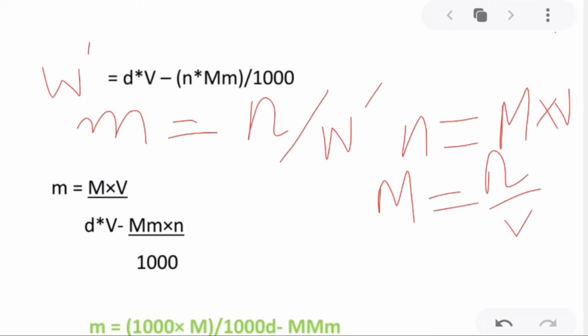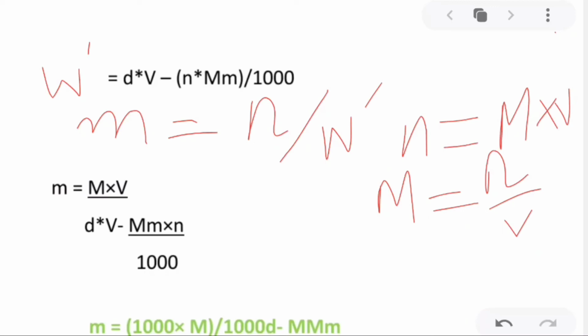Okay. And we have the weight of the solvent is equal to density into volume minus N into mm divided by 1000. So putting this value of N and W dash in the equation of molality, we have molality is equal to M into V divided by density into volume minus mm into N by 1000.